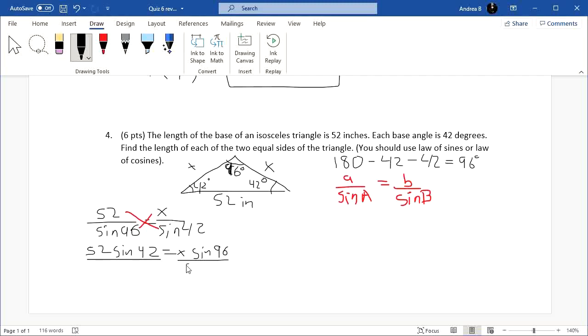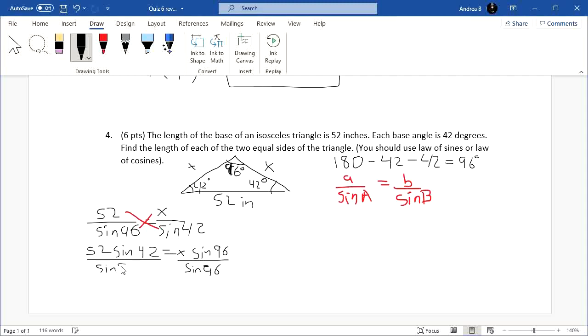Some of your calculators, you may need to break up the steps into multiple steps depending on how your calculator's programmed. But here then we can divide both sides by sine of 96. Make sure to include that sine function as well, otherwise you will get a totally different answer which will be incorrect there.